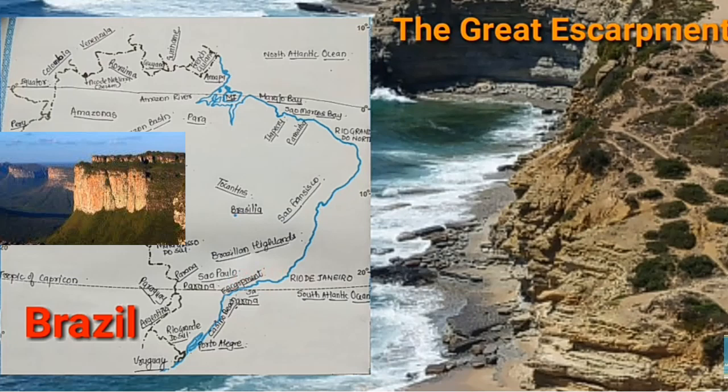This is the great escarpment's height. See how great a height it has. This is a large view, and this is a small picture which I have shown in the image. It's a great escarpment which is a barrier to the winds flowing from the southeast.